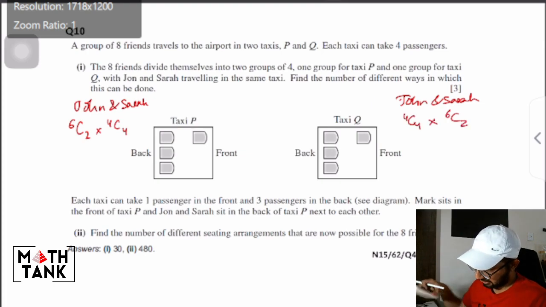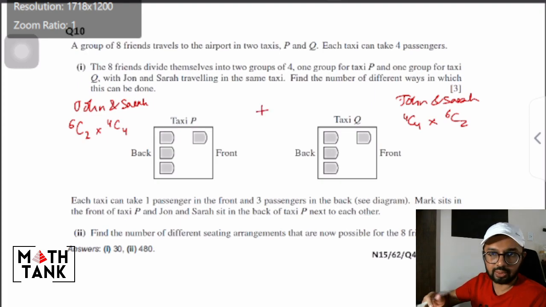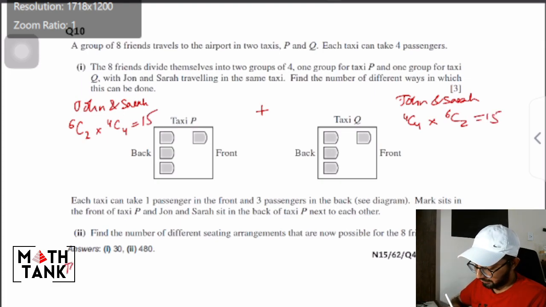So I think that makes it simple. And you'll add up these 2 cases. Why would you add them up? Because the event gets completed when they are all in a particular taxi. So this is 15 and this is another 15, and that gives me a total of 30 for the first part.